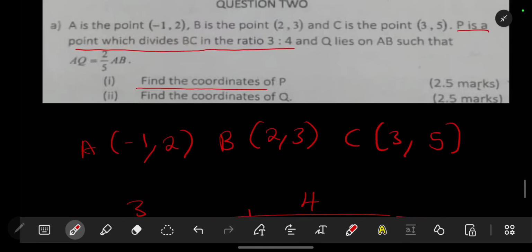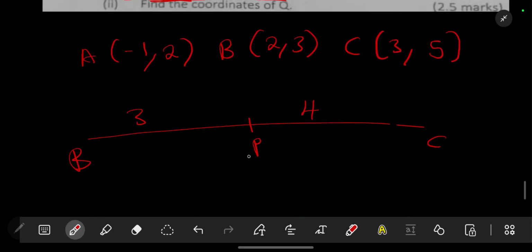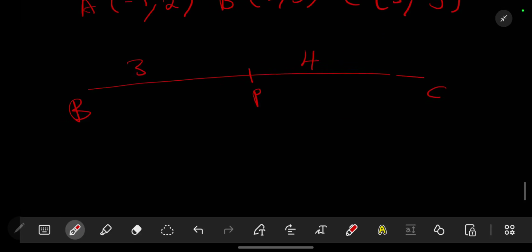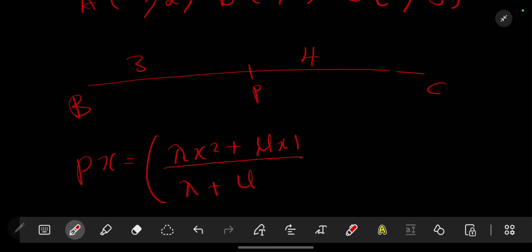So this is what you have. Now remember, a formula for when a line divides a circle internally. So this is how they can ask you internally. We are going to be using this formula. Since P is the point, we are going to split it into Px. Px will be equal to lambda x2 plus mu x1 over lambda plus mu.